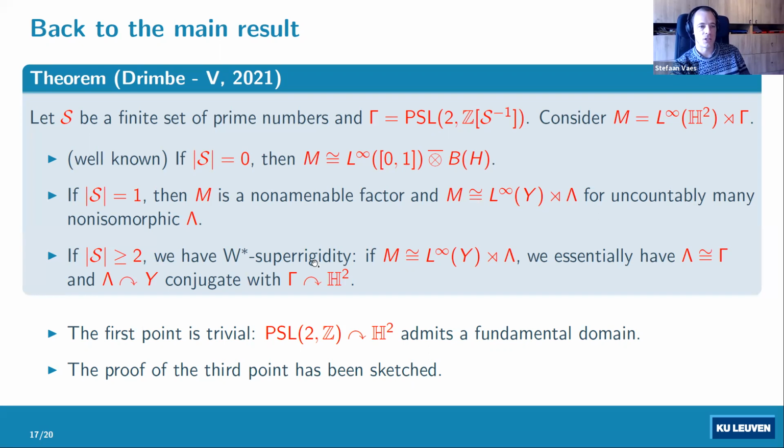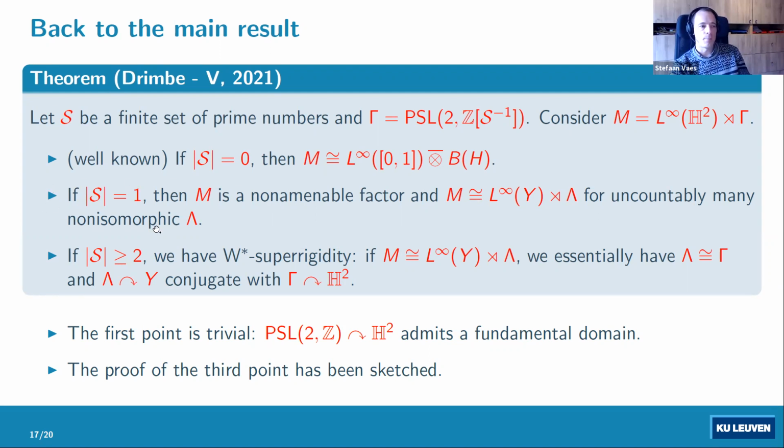I have sketched why the cross product has a unique Cartan, and I have sketched cocycle superrigidity, and therefore we have this W star superrigidity phenomenon. If the same II-infinity factor is a cross product, it must be with the same group and the same action, essentially. But that remains then to discuss the middle case.